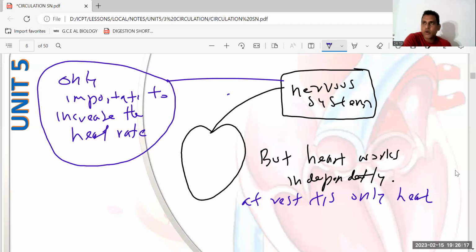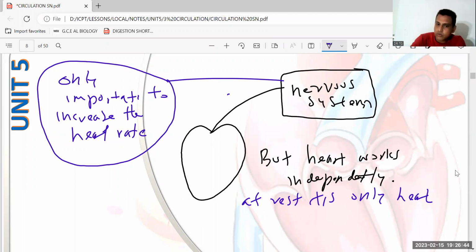So the person cannot walk because the nervous system is not connected to the muscles. So in this case, if something like that happens, the heart is still pumping because it can make its own contraction without big help from the nervous system.